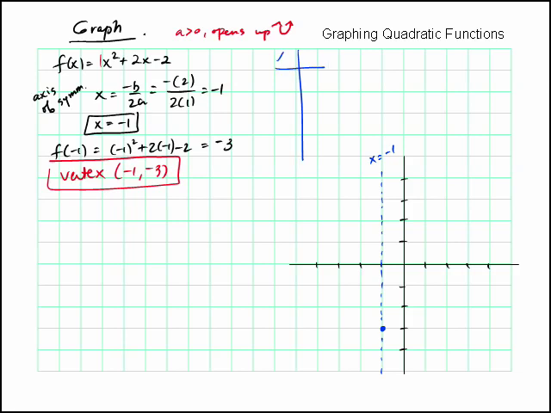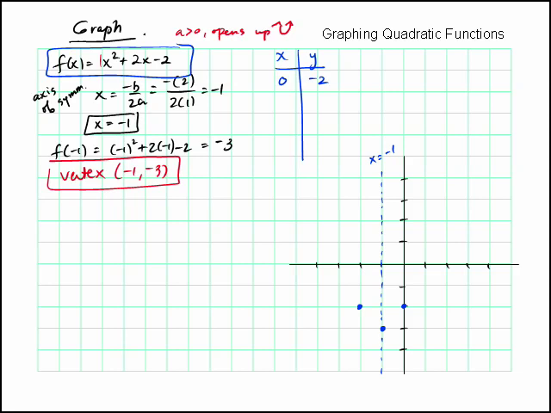We'll do that right up here. If x is 0, I always usually start with 0. Plug 0 into our function here, and we will end up with negative 2. 0, negative 2 is right there. Now, because of our axis of symmetry, there must also be a point right over here.